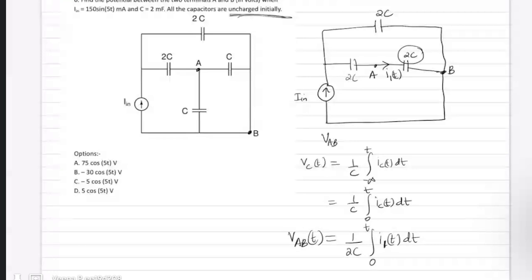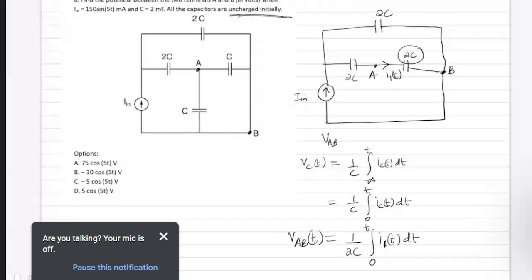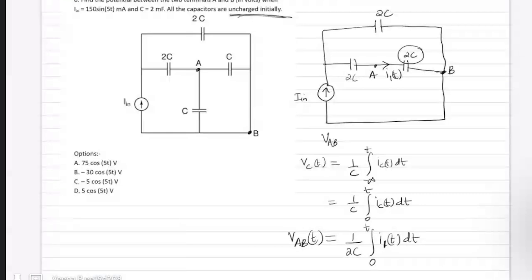Now let this current be I2 of t. So you have a current source I in which is connected to a parallel combination of capacitances. One is C, the other is 2C. The current through capacitor C is I1 and that through 2C is I2. Now let us go back to the current division rule which I have already explained before. In the case of capacitances, the current is directly proportional to its own capacitance.